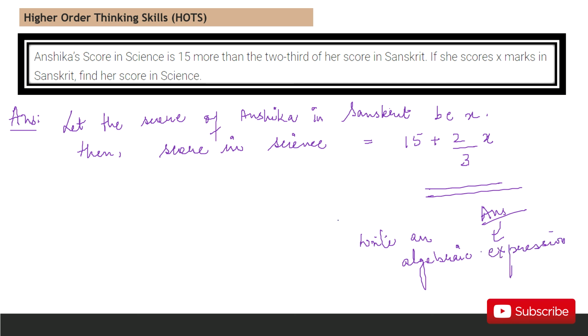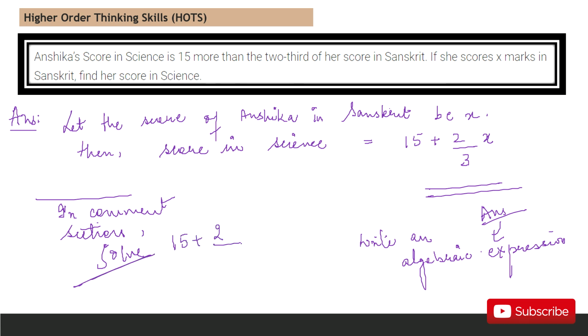Now, in the comment section, I want you to solve this: 15 plus 2 upon 3x, and tell me what answer I will get. That means I have not completed this question. You have to find her score in science.